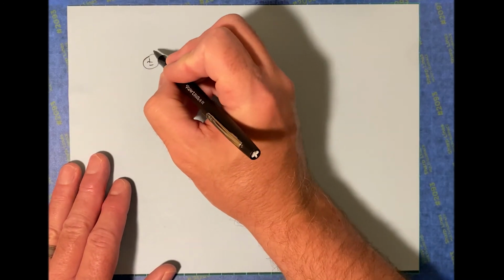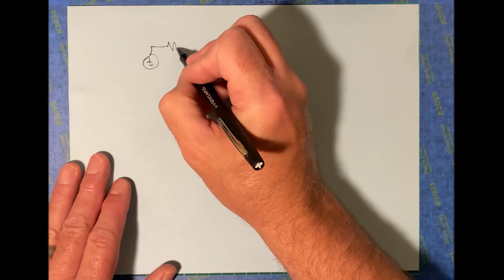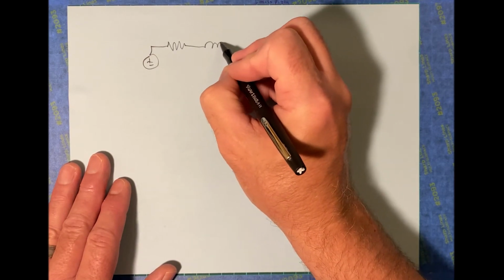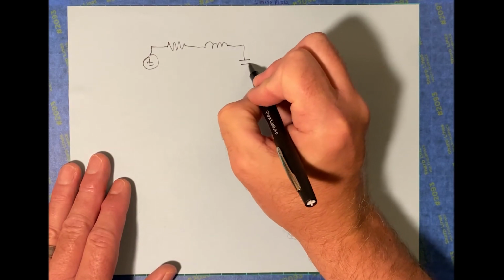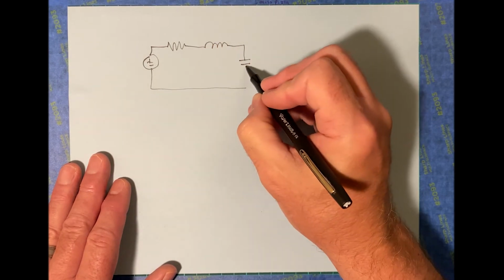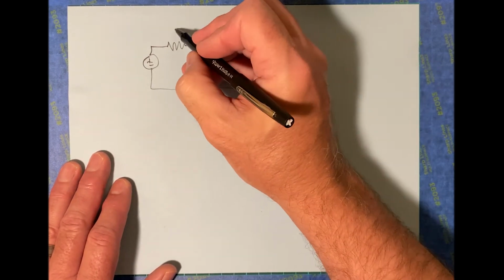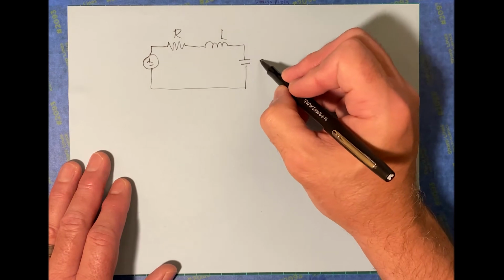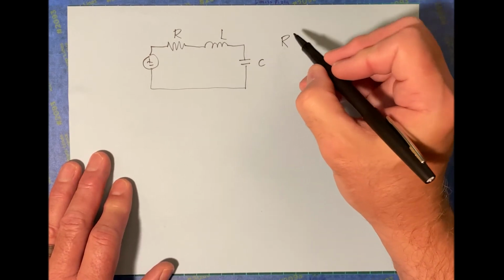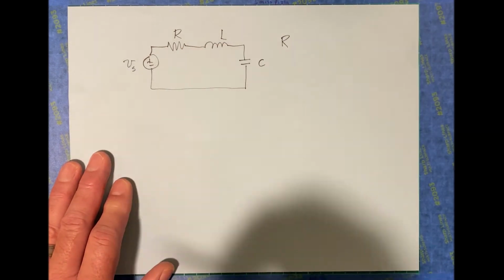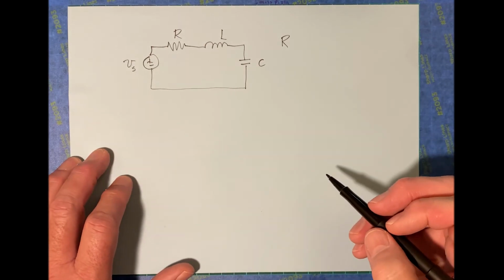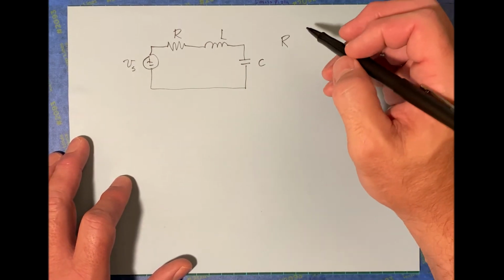So here's a circuit that's got 1 resistor, 1 inductor, 1 capacitor. And that's the R, that's the L, that's the C. Let's assign some values. This is our voltage source here. You notice everything looks pretty much the same as what we've encountered before.